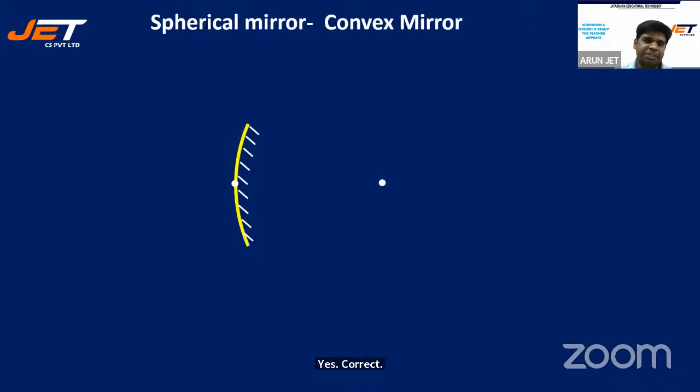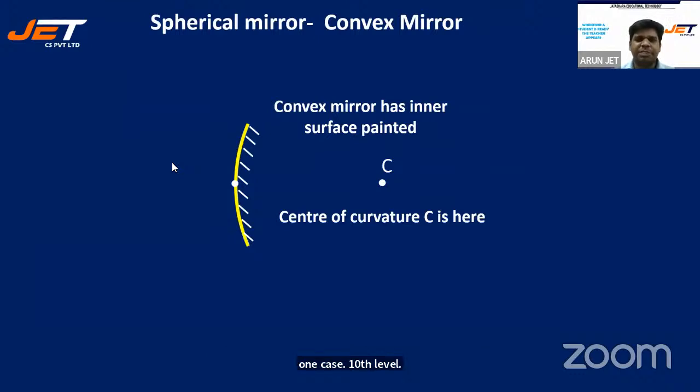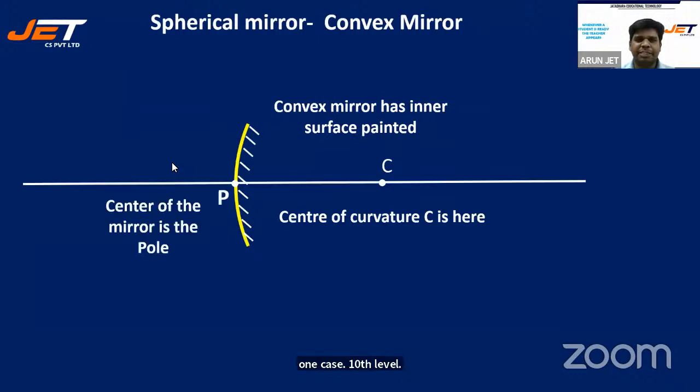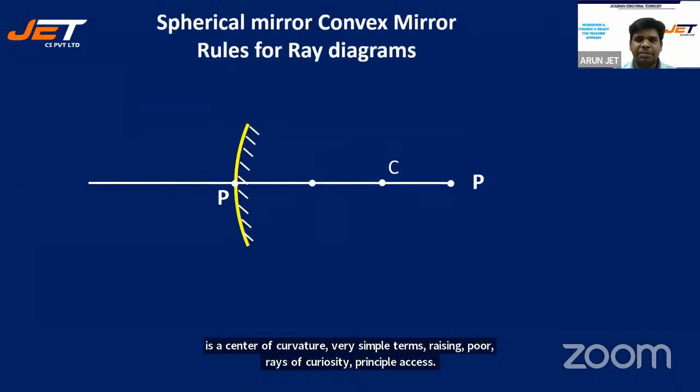Now I've got a convex mirror. In a convex mirror, there's only one case, at 10th level. Here is the center of curvature, in very simple terms, the radius of curvature, the pole, and the principal axis. The line joining the pole and the center of curvature is the principal axis.